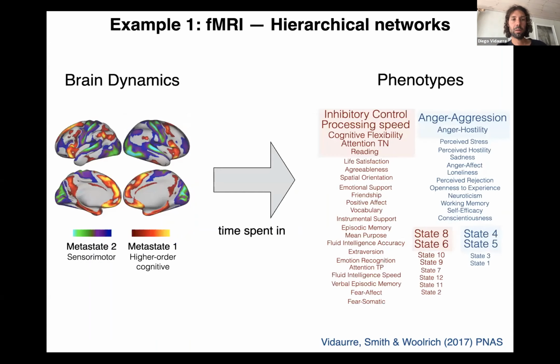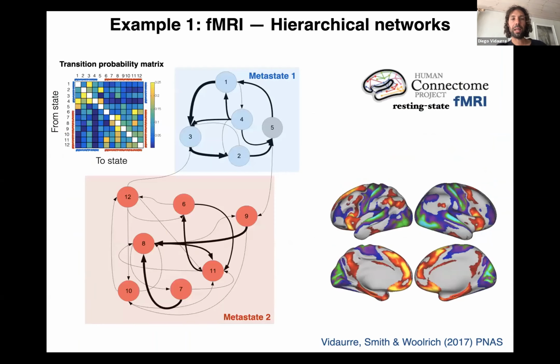This graph here relates to transitions between states. Each node here is a state, and each state is defined as a pattern of interaction across regions. Sorry, I wasn't very clear on that. Is that clear now?